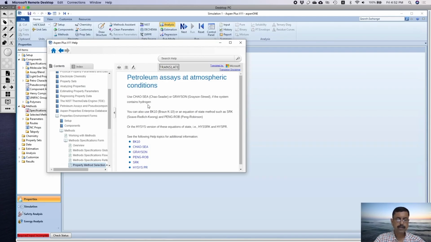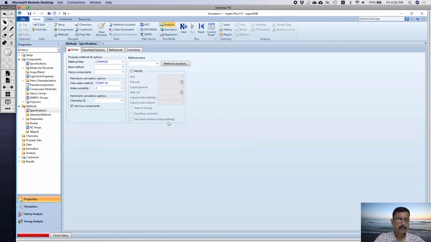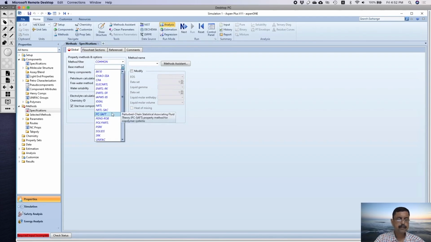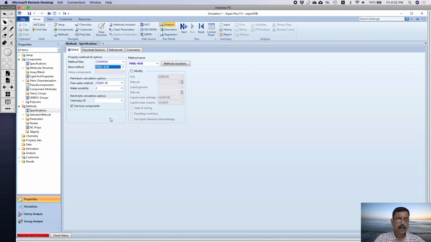But our system doesn't contain hydrogen, so you can use Braun K-10 or an equation of state method such as Peng-Robinson. Now let us choose Peng-Robinson method. So base method is Peng-Robinson, and here you can modify.